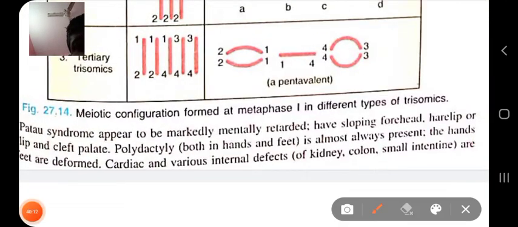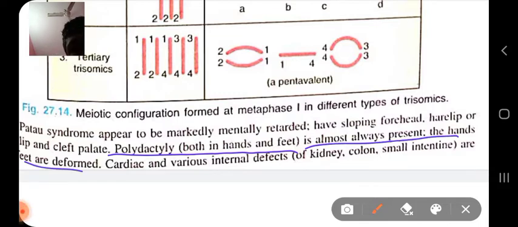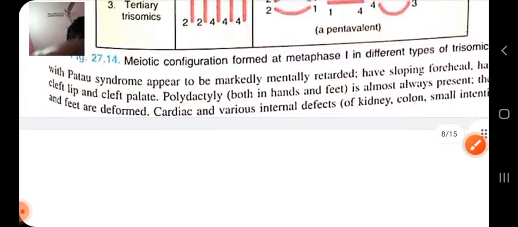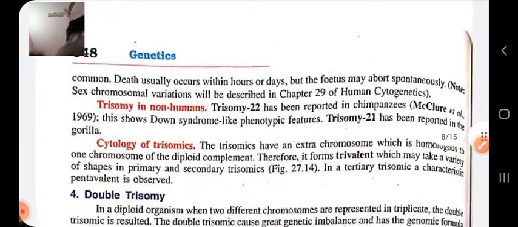Polydactyly, that means an extra finger, is almost always present. The hands and feet are deformed. Cardiac and various internal defects, in the kidney, colon, and small intestine, are common.